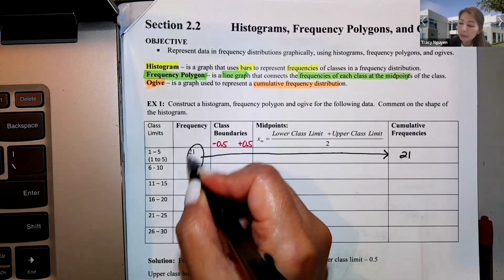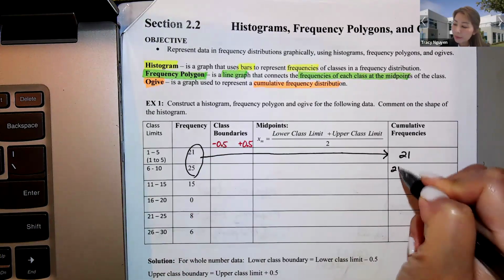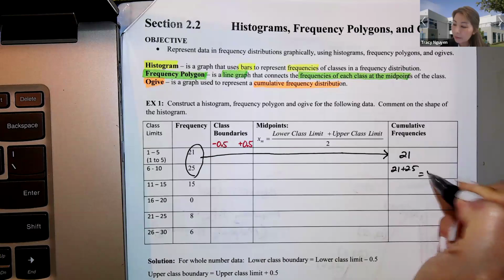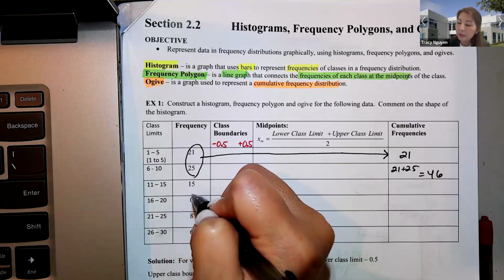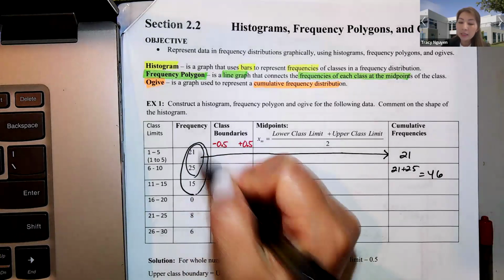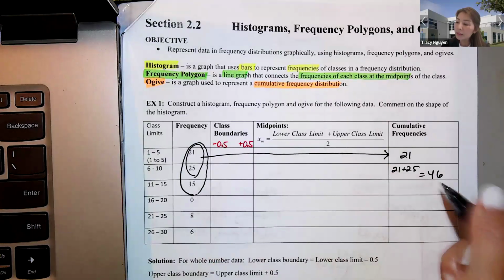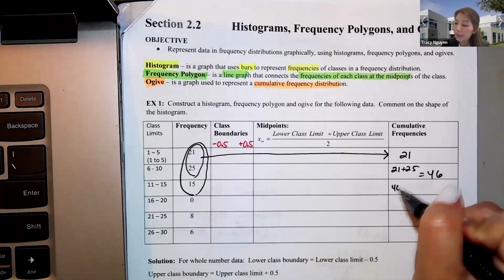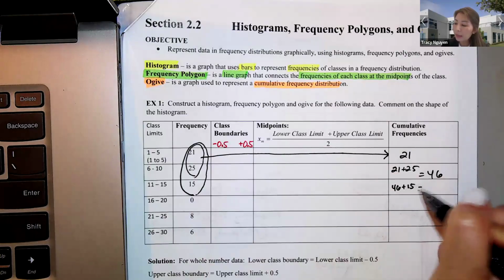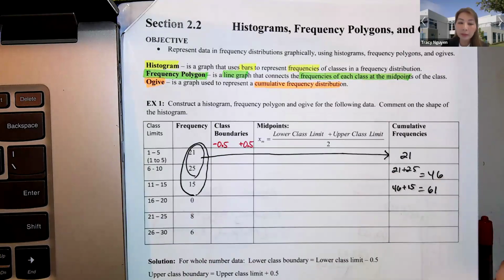The second cumulative frequency, we take the first, add it with the second, here we get 46. The third cumulative frequency, you add all 3 frequencies. Since the first 2 give us 46 already, we take 46, add 15, which we get 61.